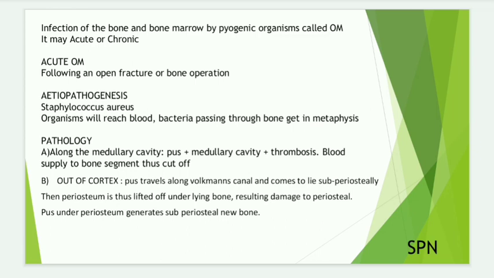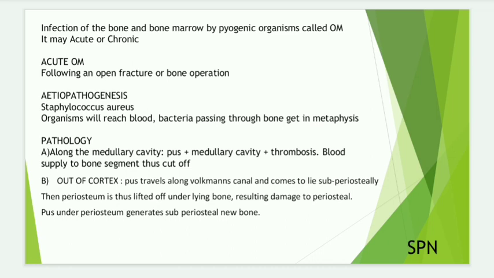If we look outside the cortex, the pus is traveling along the Volkmann's canal. If we see across the bone section, we can see the Volkmann's canal, and it comes subperiosteally. If you lift the periosteum, it results in damage to the periosteum.